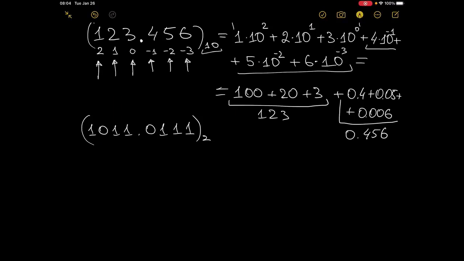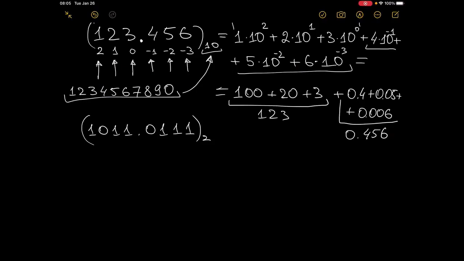Here we use base 10. It means that in every position, we can use one of the 10 characters, right? These are the characters we use: 2, 3, 4, 5, 6, 7, 8, 9, and 0, right? 10 characters. So in every position, we can have one of the 10 characters.